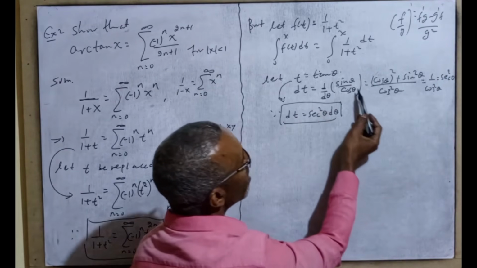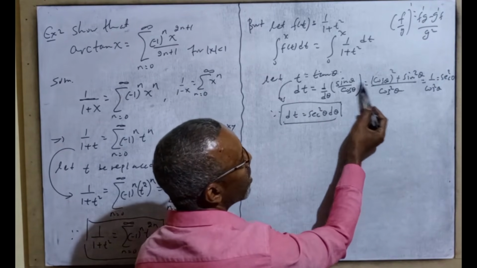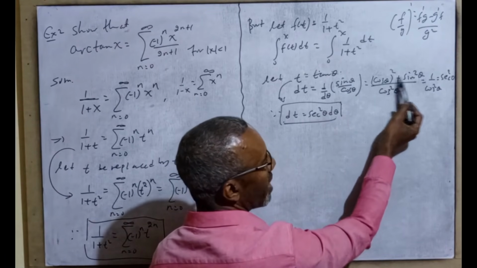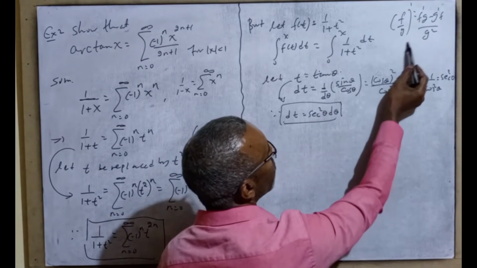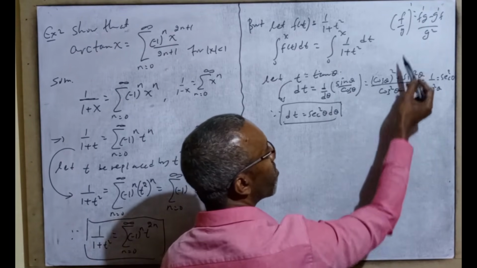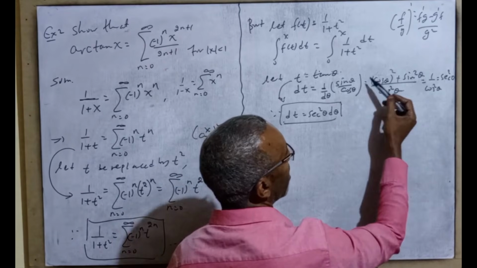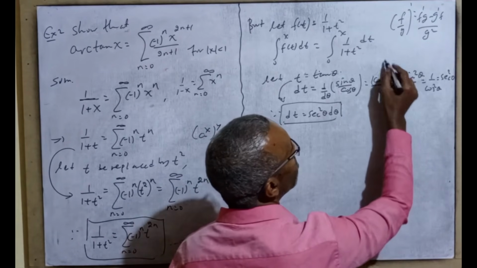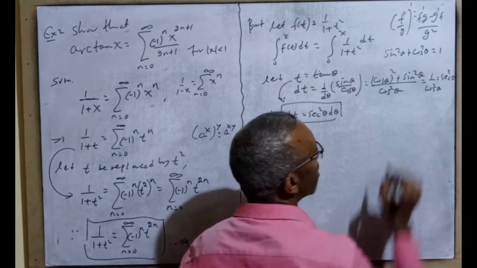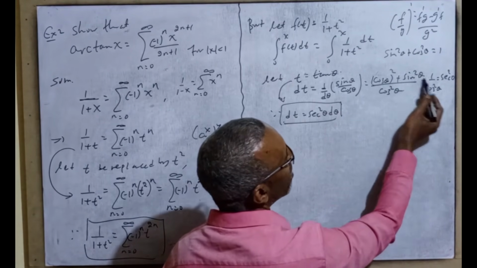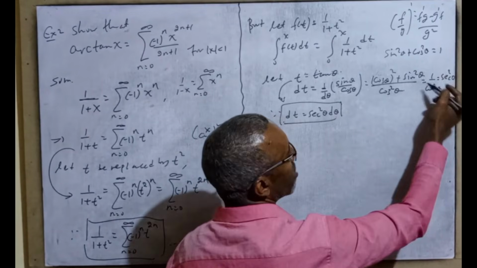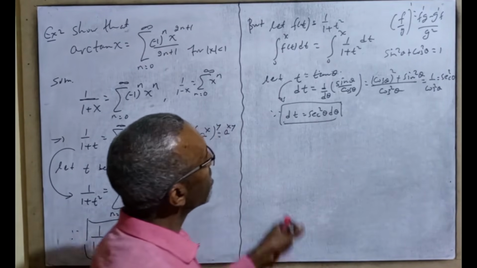The derivative of sin theta is cos theta, times cos theta gives cos square theta, plus, since minus times minus gives plus, the derivative of the denominator, minus sin theta, times sin theta, sin square theta. From the trigonometric identity sin square theta plus cos square theta is equal to 1, so it is 1 divided by cos square theta. 1 over cos theta is sec theta, and squared it is sec square theta. So dt by d theta is sec square theta.